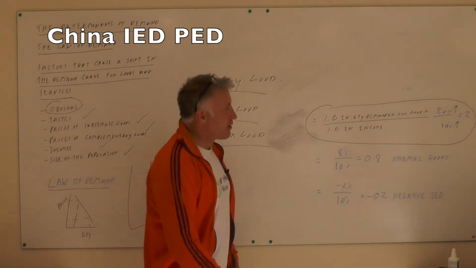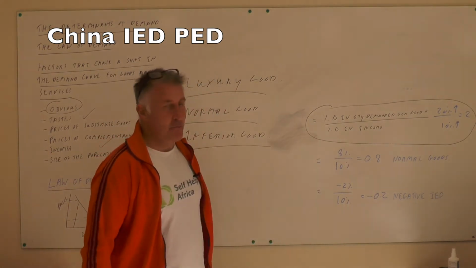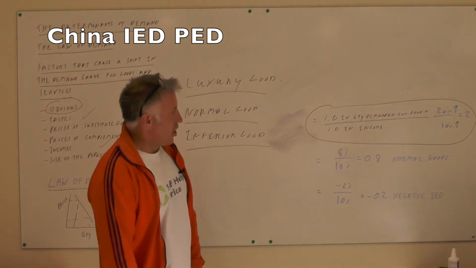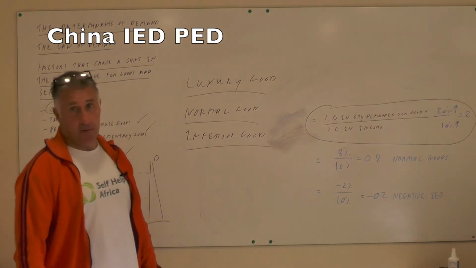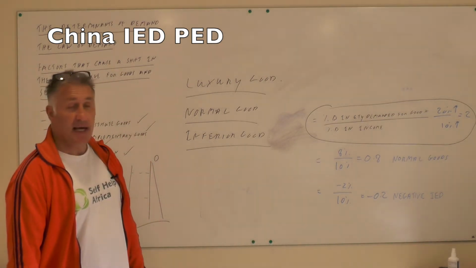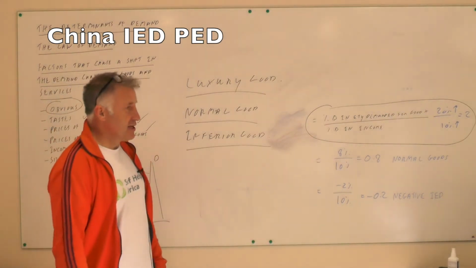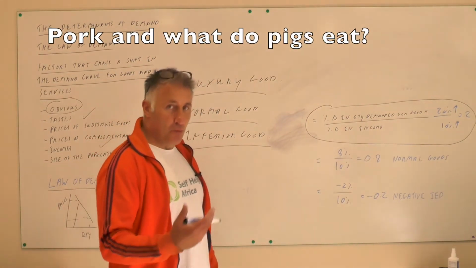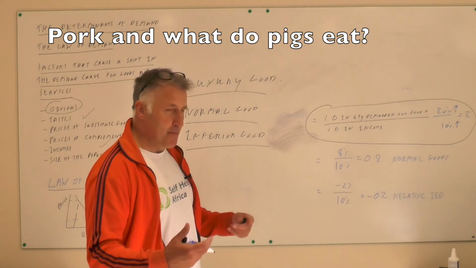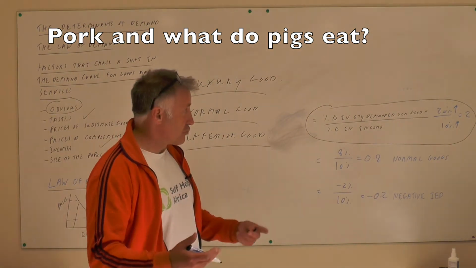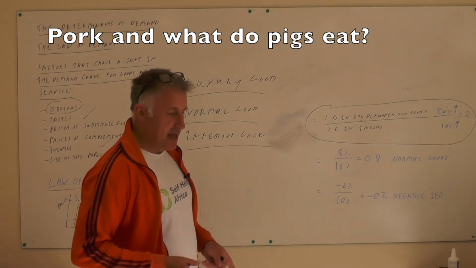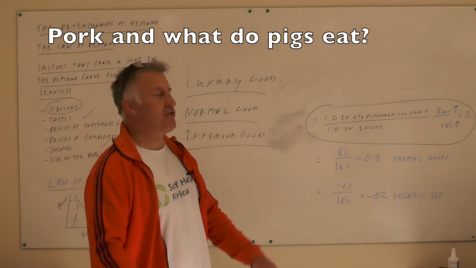Obviously the higher the number, if your income goes up by 10% and demand goes up by 100%, that's a big change. Another very famous example of a product is pork. The Chinese like pork. As the Chinese have become wealthier, they now eat more pork. This has a big impact upon agricultural prices because pigs are not that good at converting inputs into energy at the end of the day.